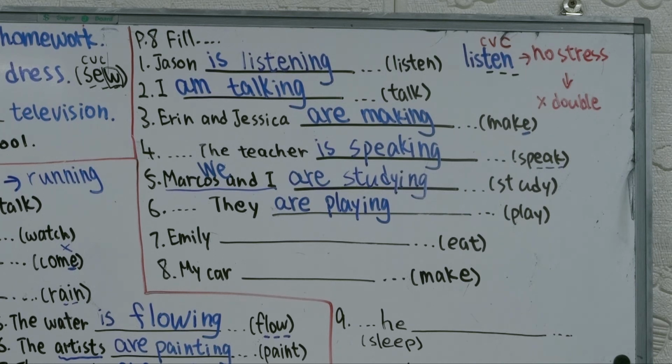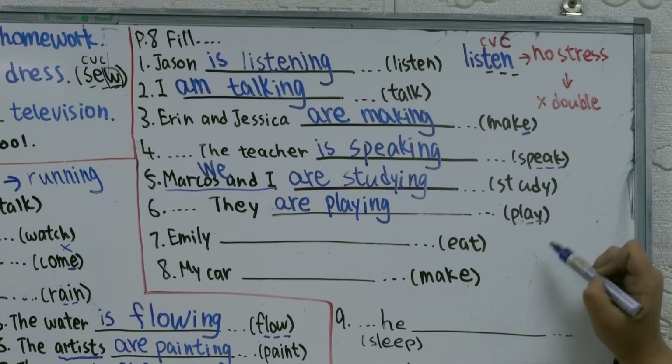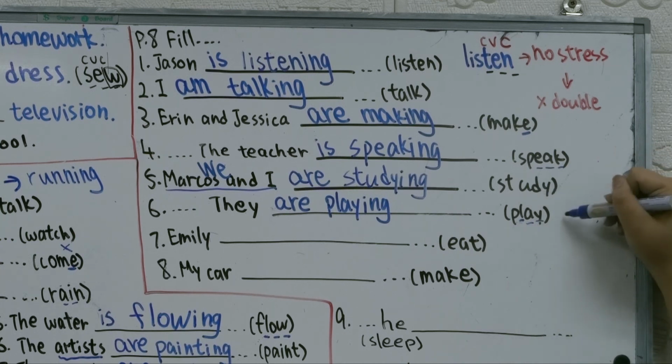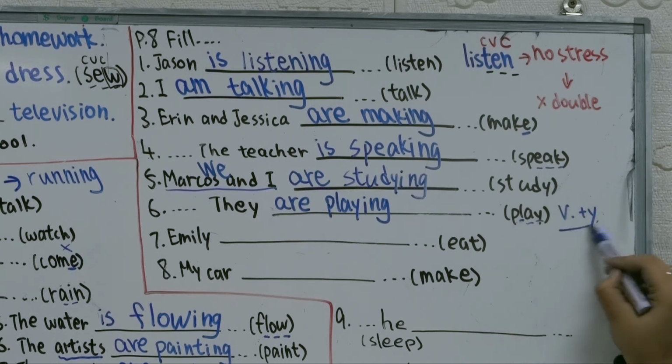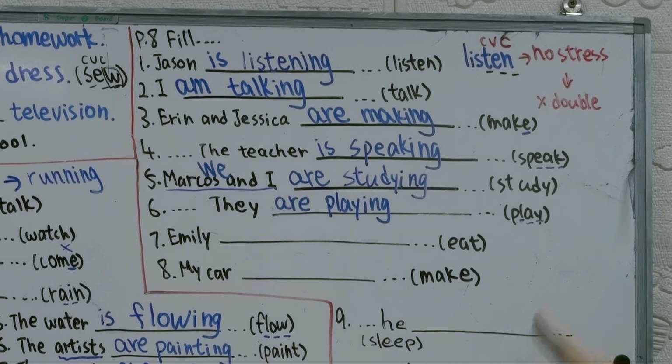It also has consonant, vowel, consonant. But remember, this ends with vowel with letter Y. So we don't have to double it. We don't have to double Y. W, X, Y can't be doubled. Remember that. Another reason is that there is a vowel here.